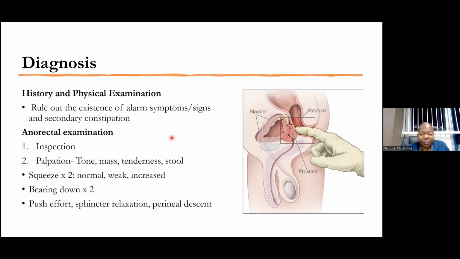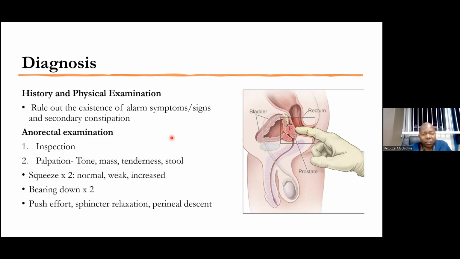Patients with dyssynergia, when you ask them to bear down, may be unable to contract their abdominal muscles or to relax the anal sphincter. In actual fact, they may have a paradoxical anal contraction. We'll see that later when we look at the anorectal manometry. And also, there will sometimes be an absence of perianal descent when we do this rectal examination.